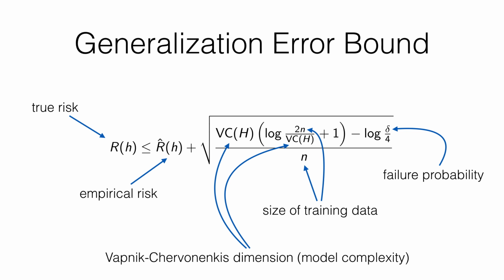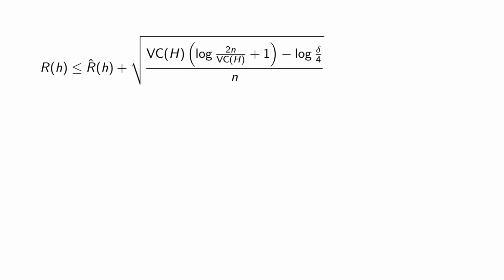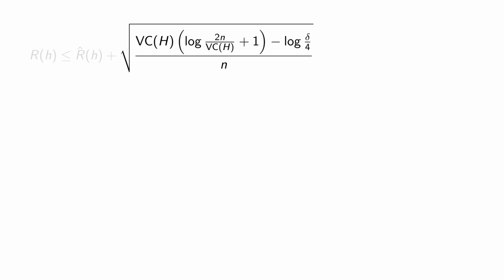So we can look closer at this bound and think about how this is shaped. If we look only at the error term, remember the error term bounds the difference between the true risk and the empirical risk. We can throw away some of these log terms, and we can assume that the delta is constant, so that's not something we have to worry about too much.